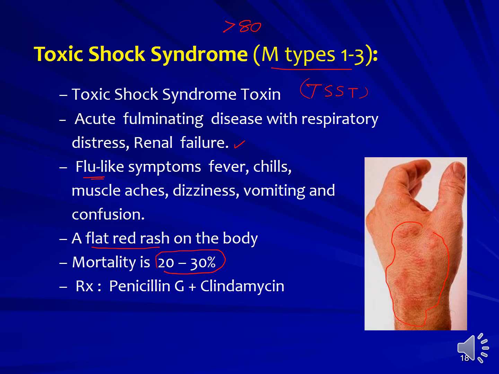The treatment of choice is penicillin with clindamycin. Of course, this toxin can't be neutralized by penicillin G or clindamycin, but further production of this toxin will be reduced by timely introduction of antibiotics.